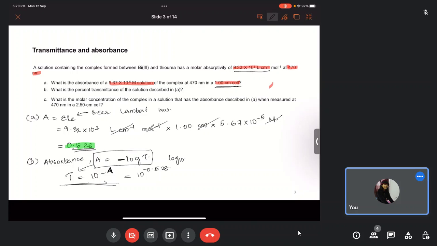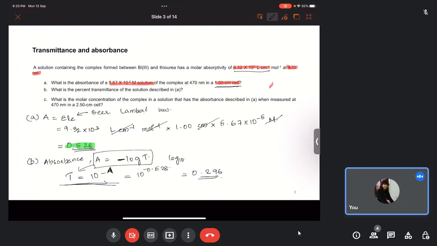Okay. So transmittance is equal to 10 raised to minus 0.528. If you do 10 to the power minus 0.528, it comes to 0.296. And we have been asked for percentage transmittance, right?